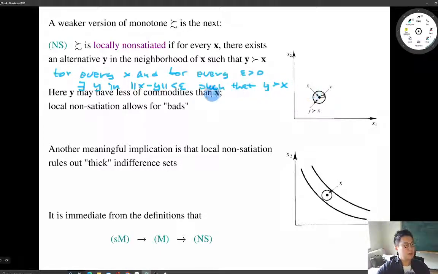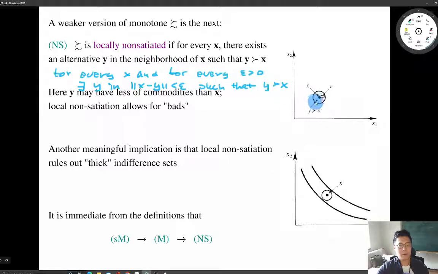All right. So here, the alternative bundle y, which is strictly better than bundle x, does not have to have more of the commodities than bundle x. For this reason, local non-satiation allows for bads. As long as we can find an alternative bundle that is better than bundle x, it satisfies local non-satiation.